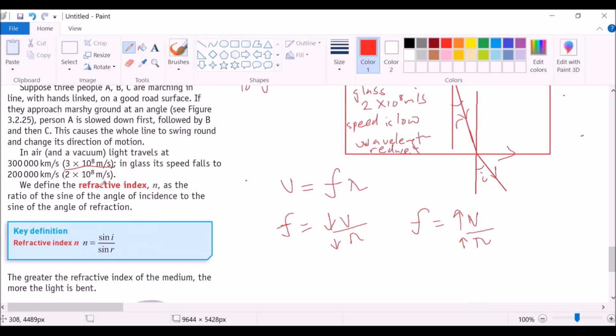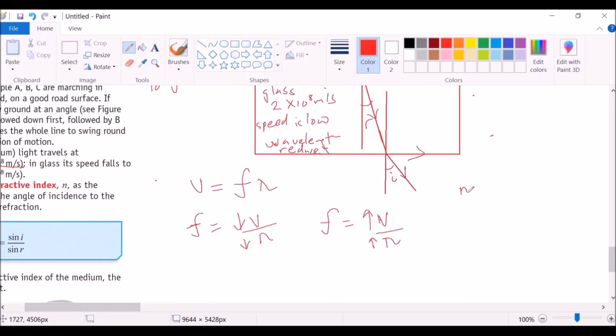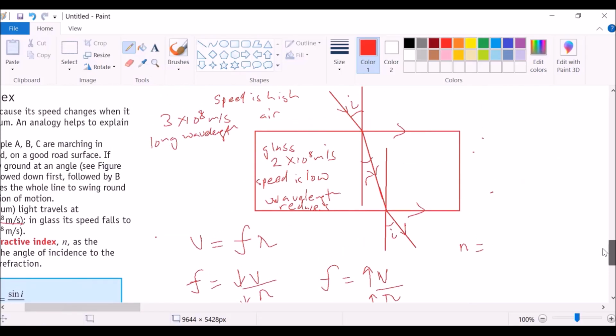Refractive index is defined as the ratio of the sine of the angle of incidence to the sine of the angle of refraction. So let's say n is equal to sine i over sine r, when we are coming from an optically less dense medium to an optically dense medium.